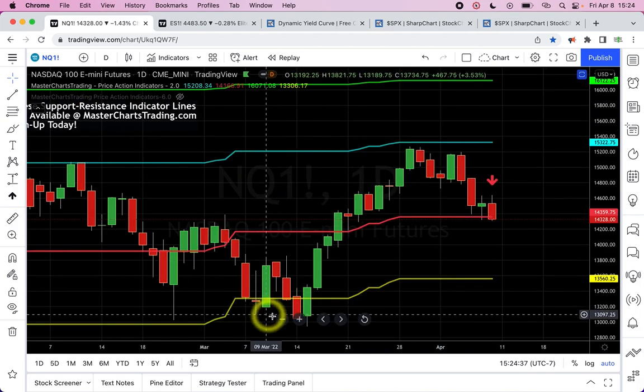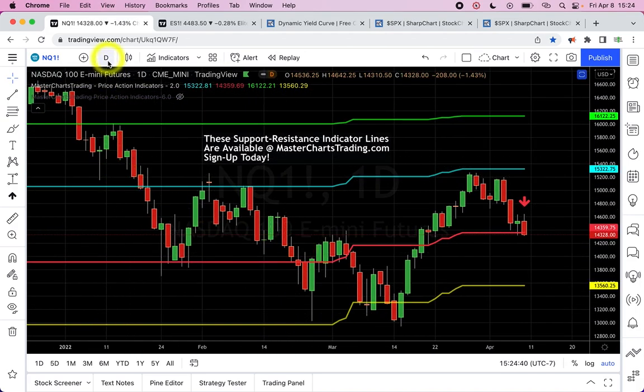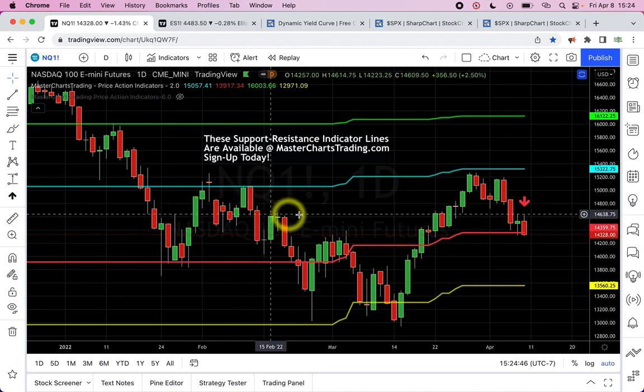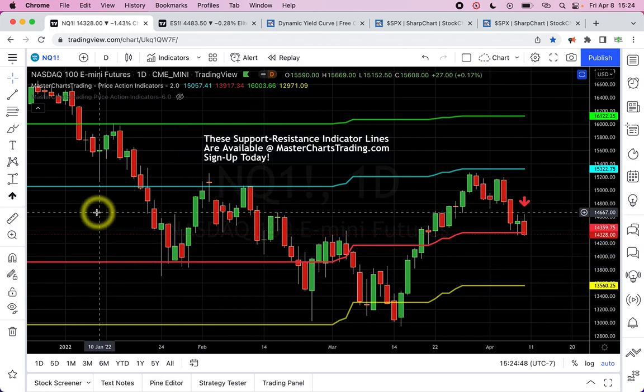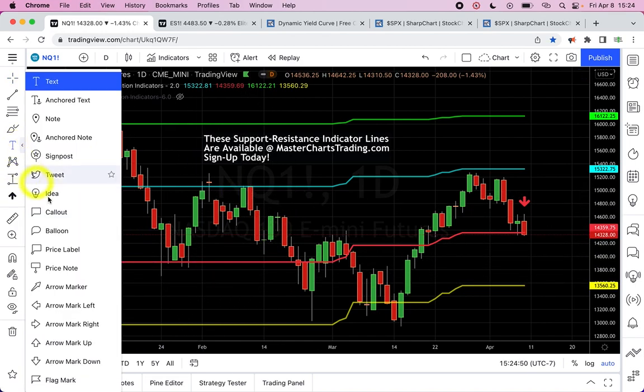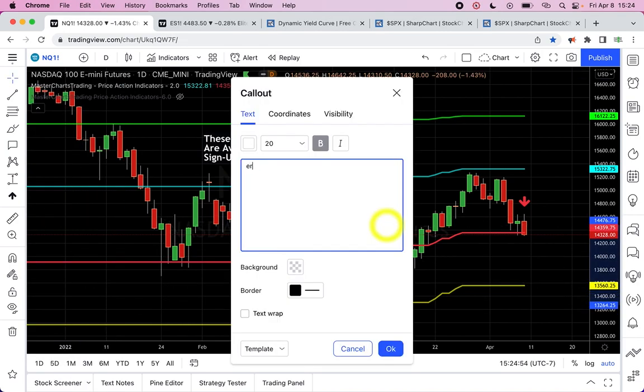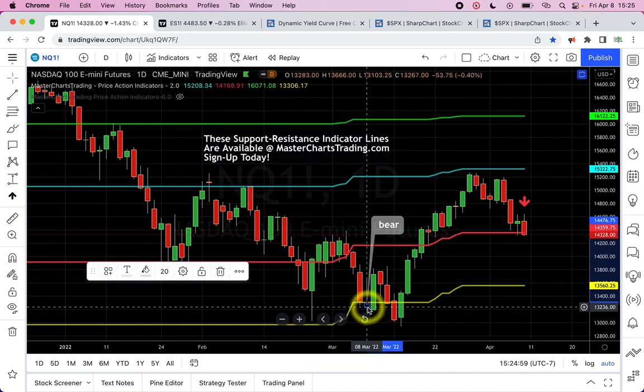So here's NASDAQ. Again, this is a daily chart. So daily means each candlestick is one day's worth of activity. On NASDAQ this was the entry into a bear market, and this happened on March 8th.